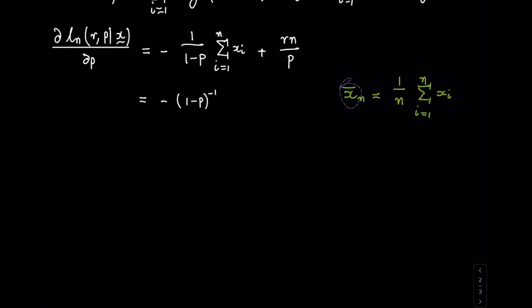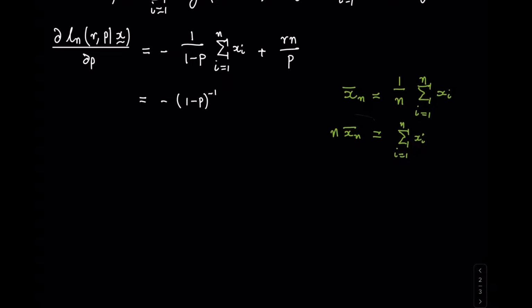Sometimes you might just see this as x bar, but I'm putting that subscript n to denote that there are n data points, for clarity. Which means that if we redistribute the n, n multiplied by the sample mean gets you back to the sum of all the data points in your data set.